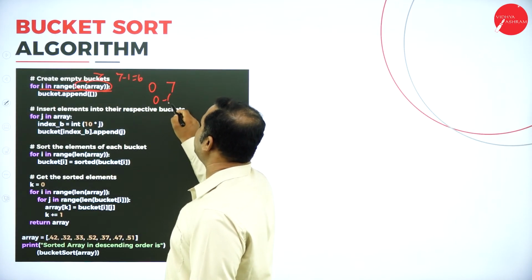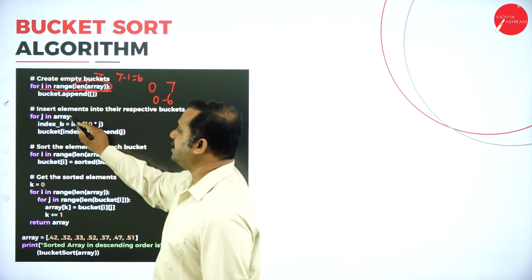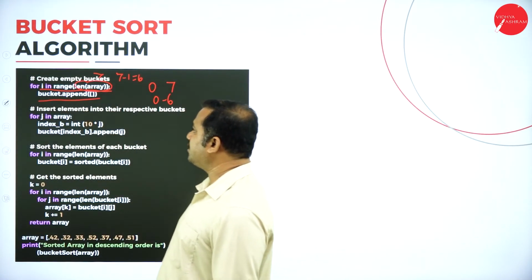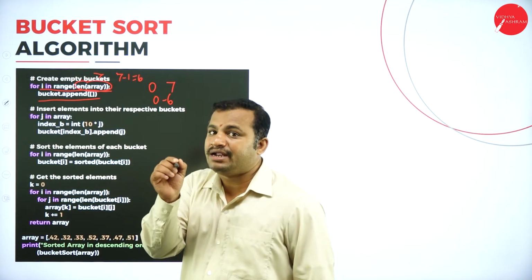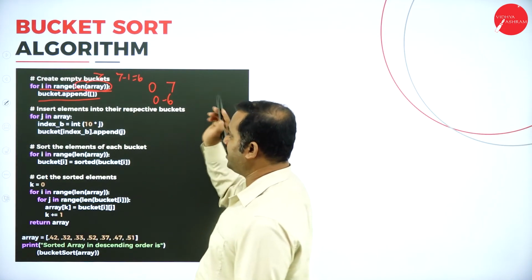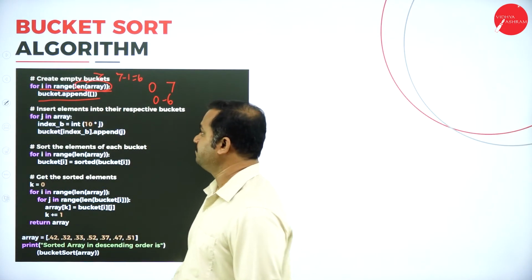So 0 to 6 data items are considered here. So bucket.append is inserted here, because we have to append the data items at the end of the list. So we are going to use the append function here.